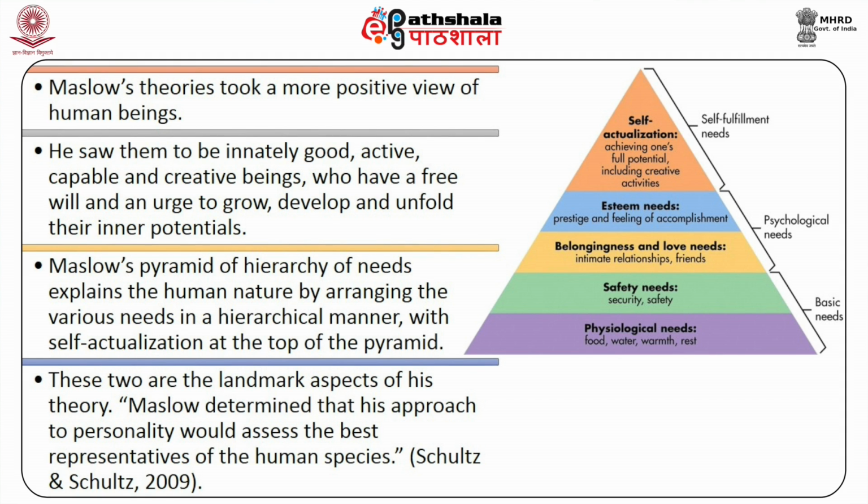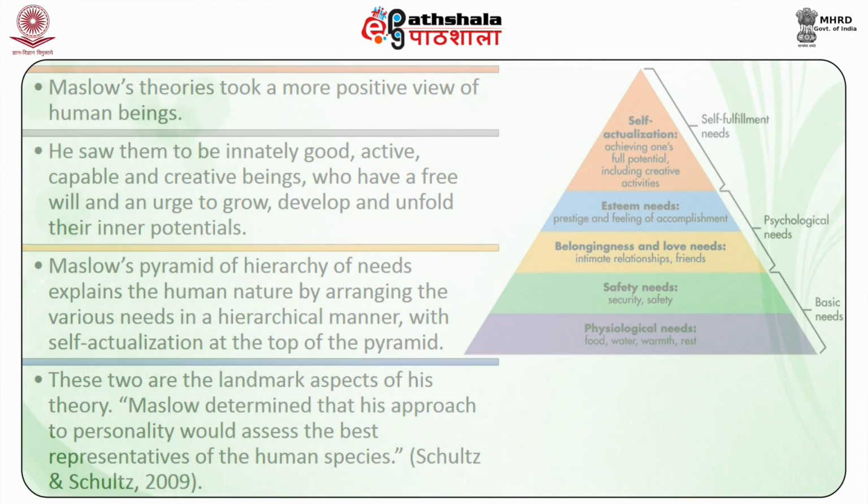Maslow's pyramid of hierarchy of needs explains human nature by arranging the various needs in a hierarchical manner, with self-actualization at the top of the pyramid. These two are the landmark aspects of his theory. Maslow determined that his approach to personality would assess the best representatives of the human species.